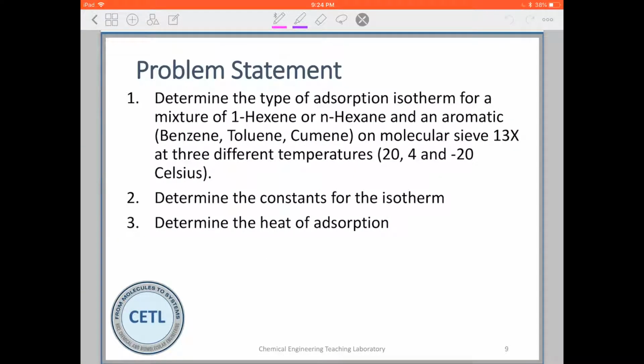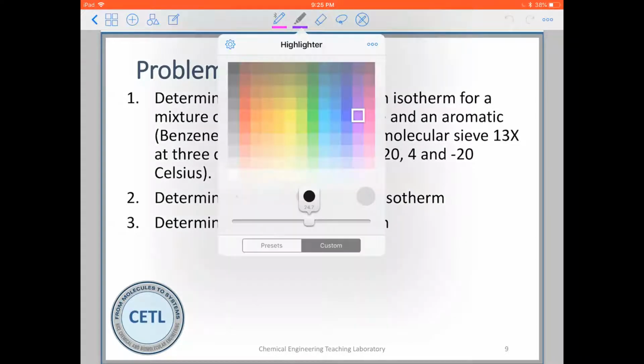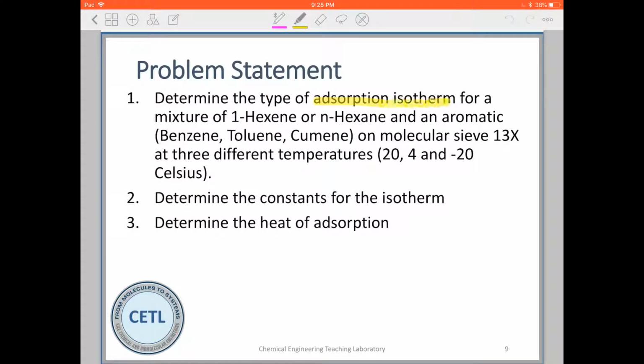So here's the problem statement. You're going to determine the type of adsorption isotherm in your system for a mixture of 1-hexene or N-hexane, which are solvents, and an aromatic: benzene, toluene, cumene. So you're going to dissolve benzene, toluene, and cumene into either hexene or N-hexane. Every group will be given a different mixture.